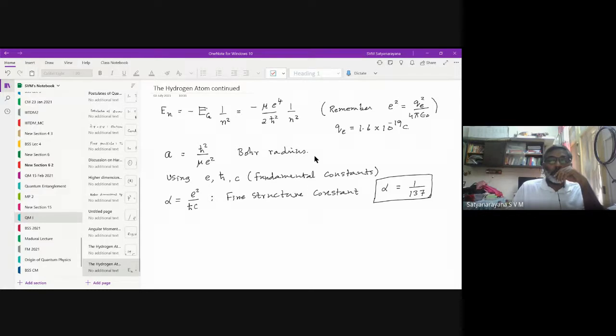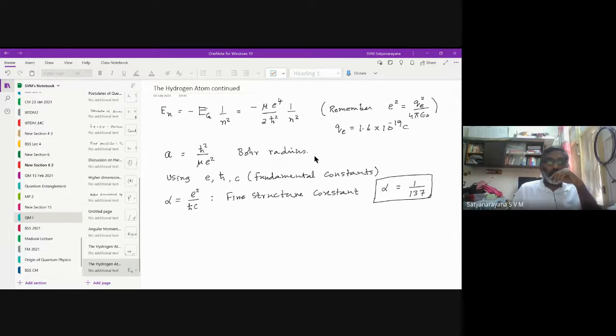In fact, people like Pauli had almost worshipped this number because it occurs everywhere. This is a very important number that you can make as a dimensionless number, 1 by 137. So it is customary to represent everything in terms of this alpha.